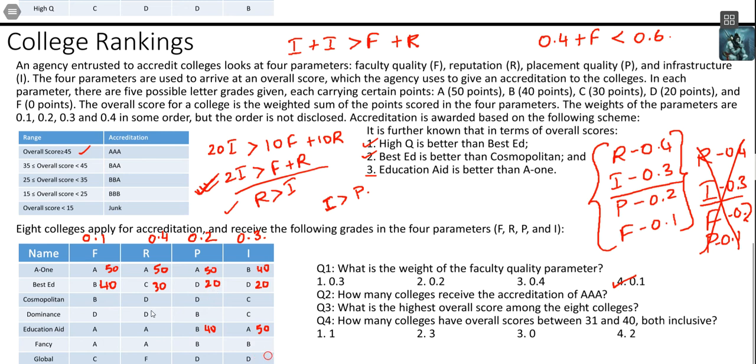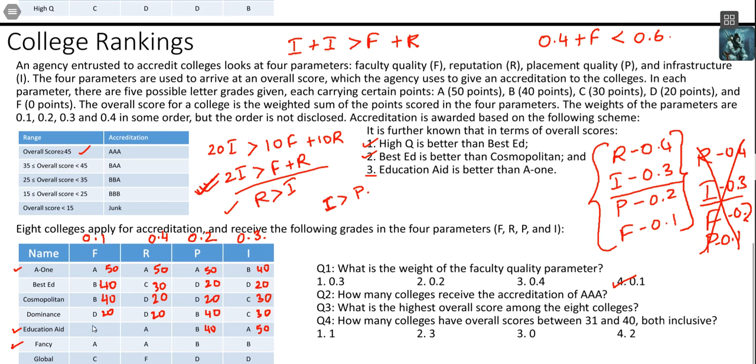D is 20. I get 40. I can choose only to work with education aid and fancy and A1 to check which is the best one, but I'm choosing to do the entire work. 30, you have 40 here, you have 40 here. Sorry, what am I doing? These are not 40, these are 20s. I hope I have not made mistakes elsewhere.